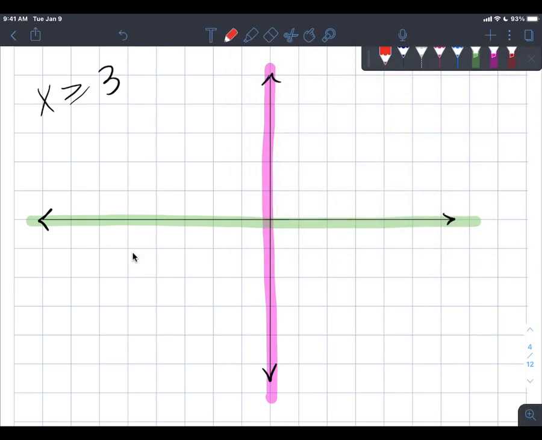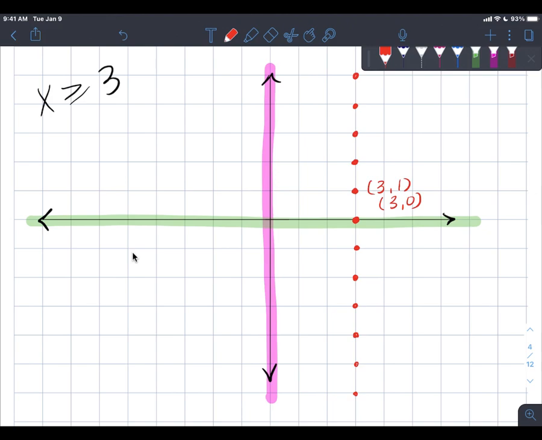So x is equal to 1, 2, 3. This is a point located at (3, 0). Now, is it not true that this is also x equals 3 at (3, 1)? Yes. And at (3, 2), (3, 3), (3, 4), (3, 5), (3, negative 1), (3, negative 2), (3, negative 3), (3, negative 4), (3, negative 5).